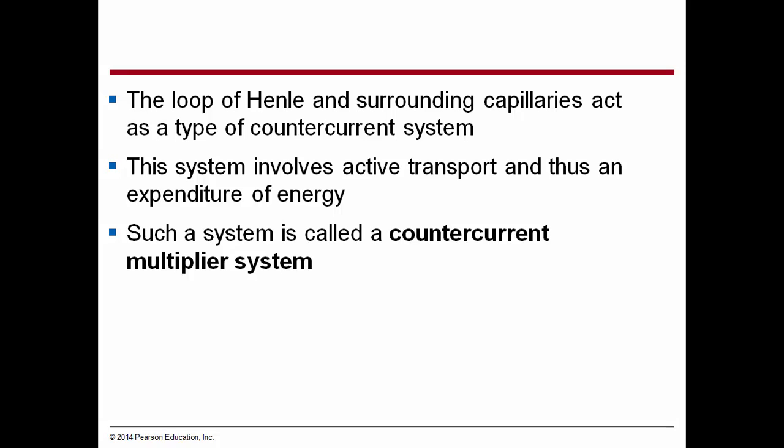The loop of Henle and the surrounding capillaries act as a type of countercurrent system. This system involves active transport and thus has an expenditure of energy. Such a system is called the countercurrent multiplier system.